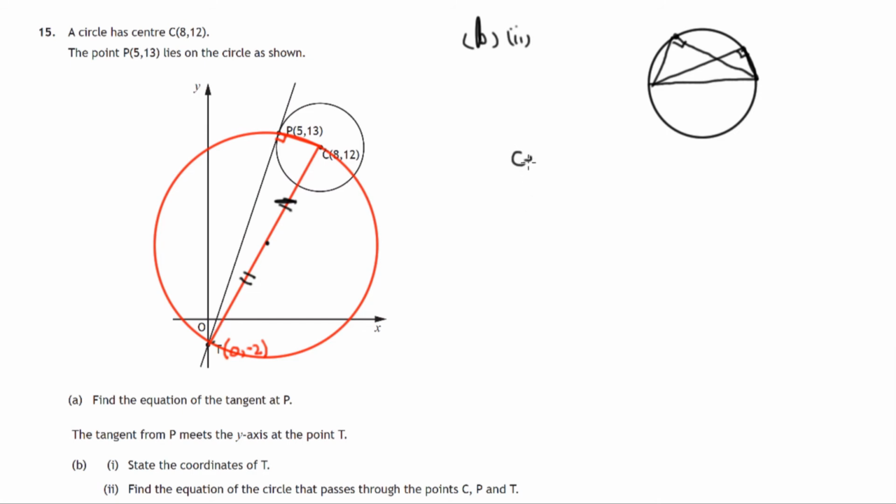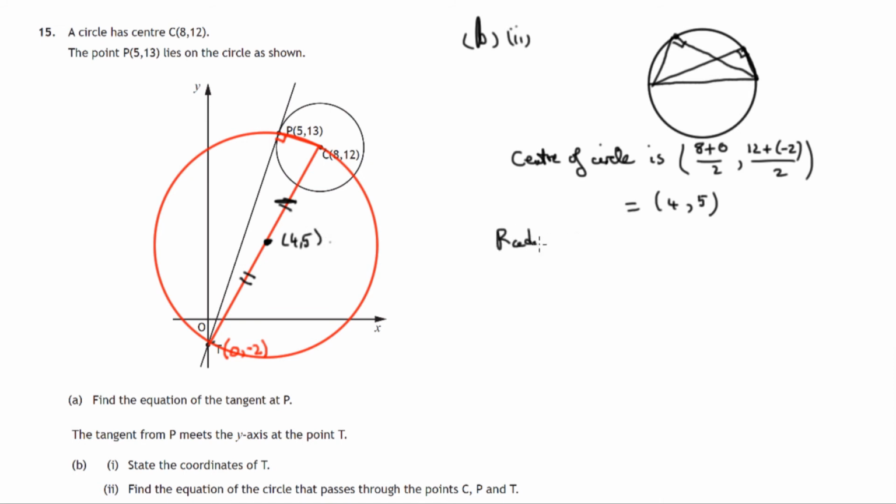Let's work that out. To find the midpoint, we find the mean of the x coordinates, 8 plus 0 divided by 2, and the mean of the y coordinates, 12 plus negative 2, divided by 2. So that's 8 over 2, that's 4. 12 plus negative 2 is 10, 10 over 2 is 5. So the centre of the circle will be (4, 5).